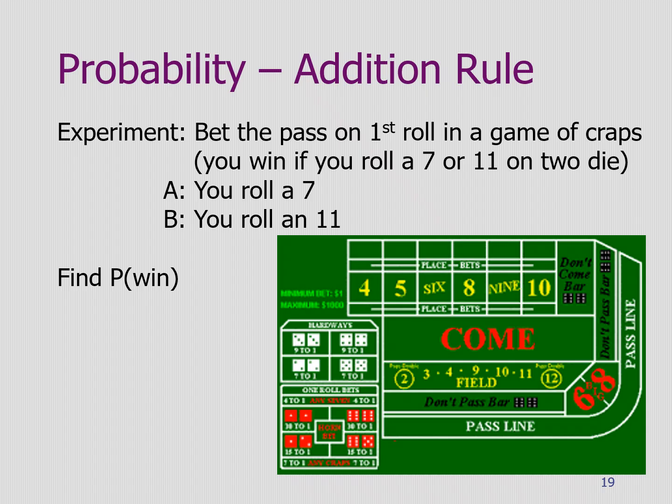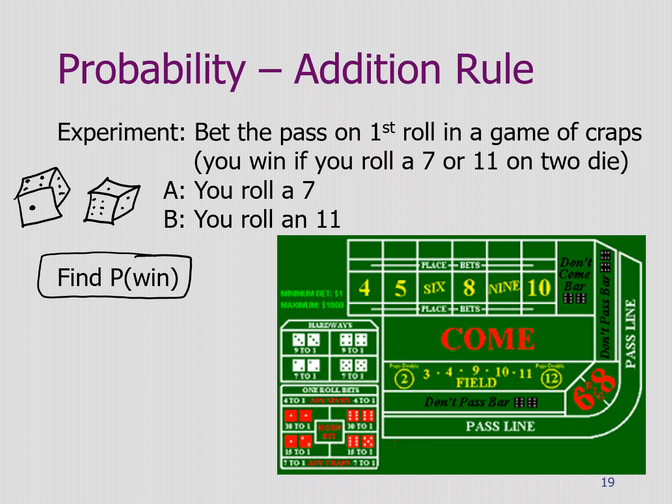Experiment, roll 2 dice. Okay, so you've got 2 six-sided dice. You roll 2 dice, and we're looking for the probability that you win on your next roll.